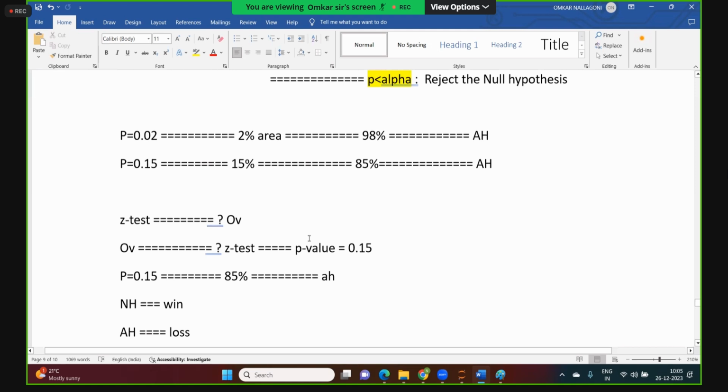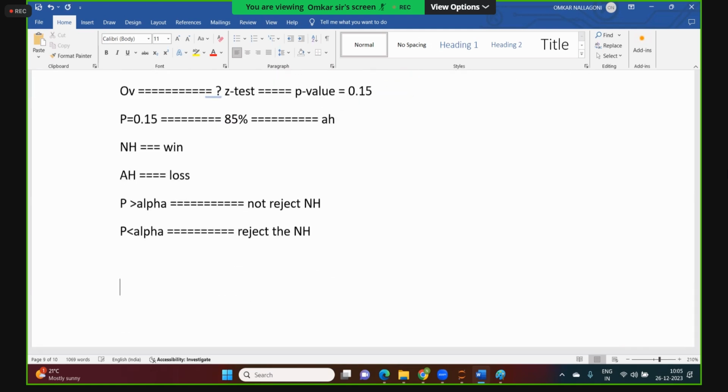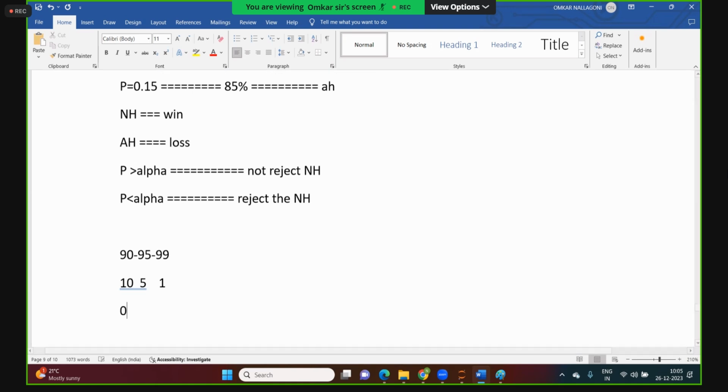What are the famous Z values? 90, 95 and 99. So alpha values, how much will there be? 10%, 5%, 1%. 10% means how much value? 0.1, 0.05 and 0.01.